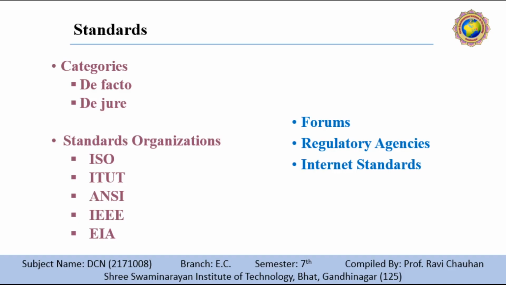Now let's have a look at some standard organizations. Standards are developed through a cooperation of standard creation committees, forums and government regulatory agencies. Some of the standard creation committees are ISO, ITU-T, ANSI, IEEE, EIA.